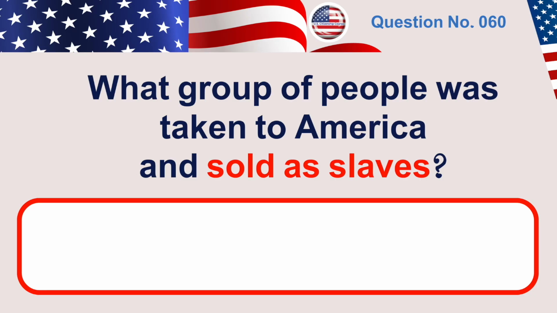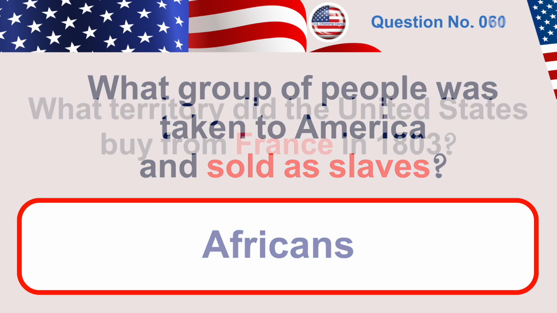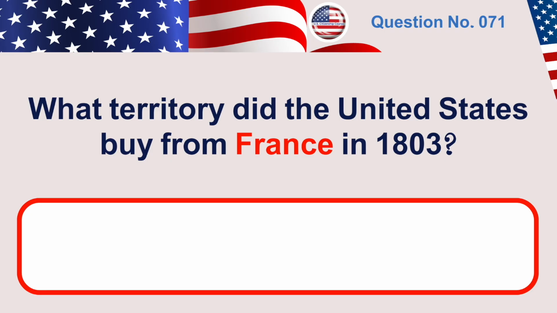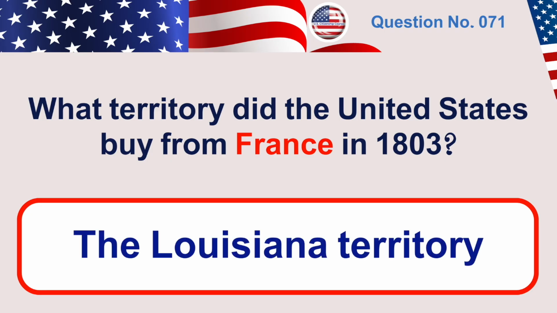What group of people was taken to America and sold as slaves? Africans. What territory did the United States buy from France in 1803? The Louisiana Territory.